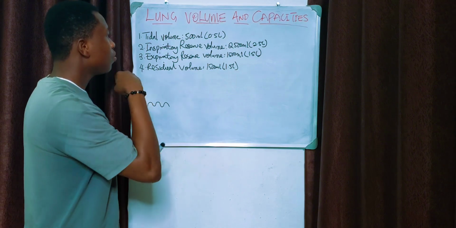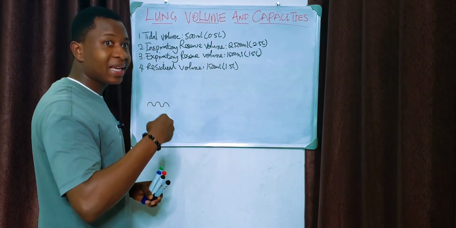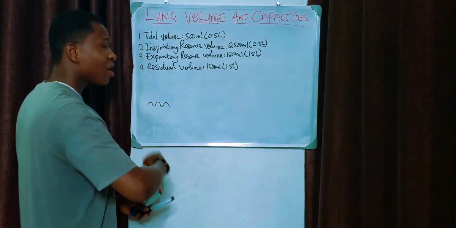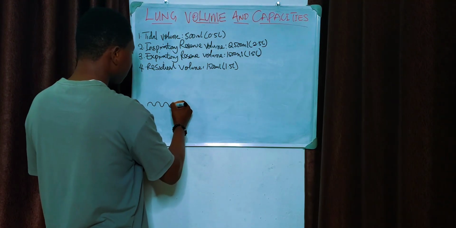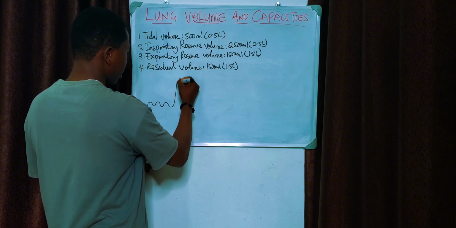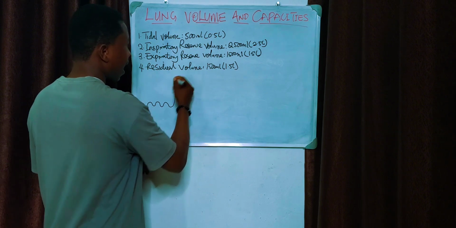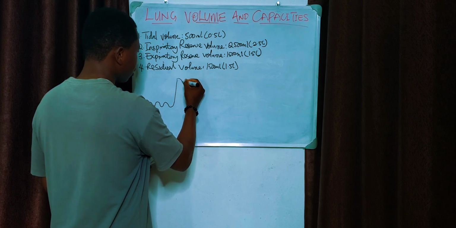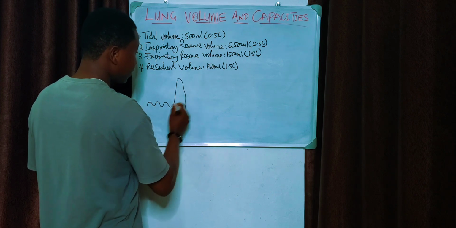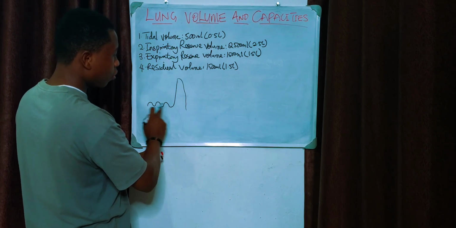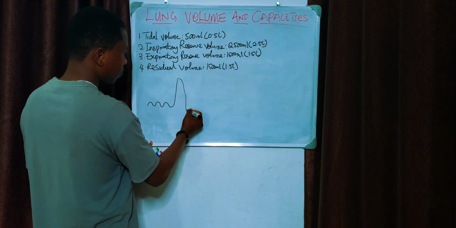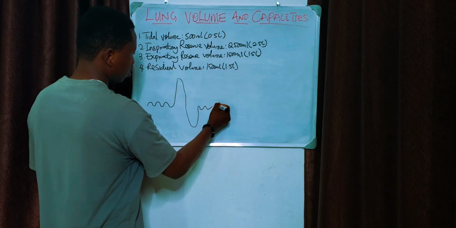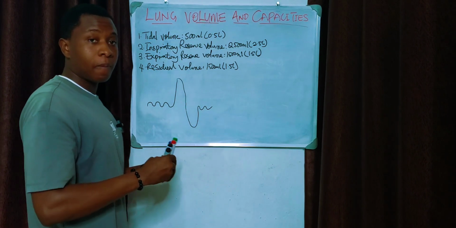Now when you forcefully take in air, which is the inspiratory reserve volume, the graph goes up, shoots up just like this, and when you forcefully breathe out, which is expiration, it drops again. This time it's going to drop below the tidal volume, and come back to the normal tidal volume.